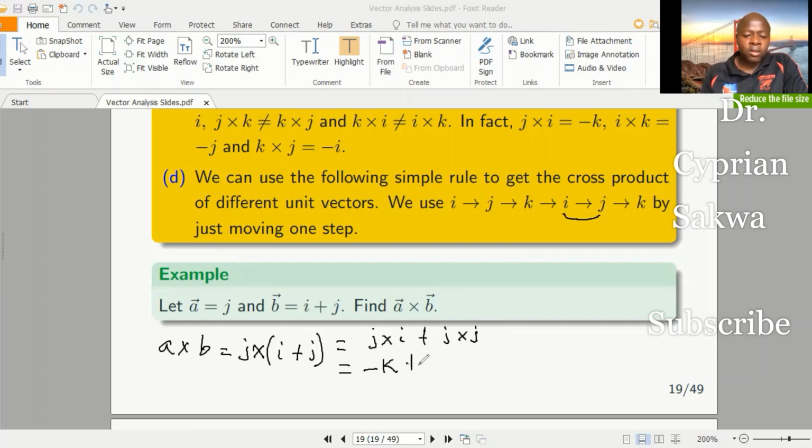J cross J is 0. So the solution here is negative K.